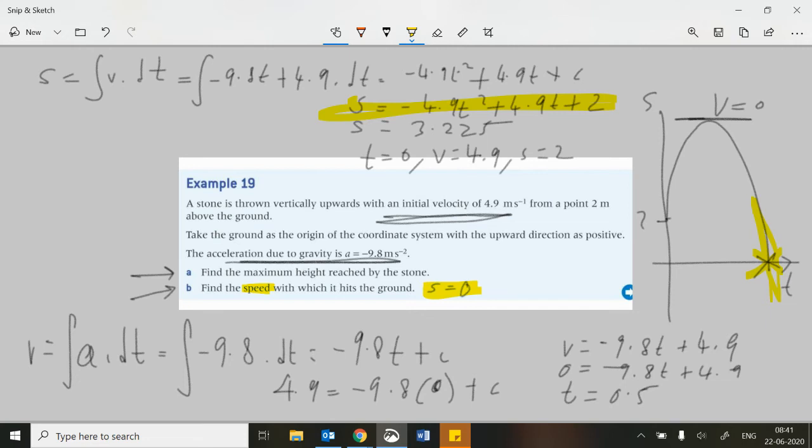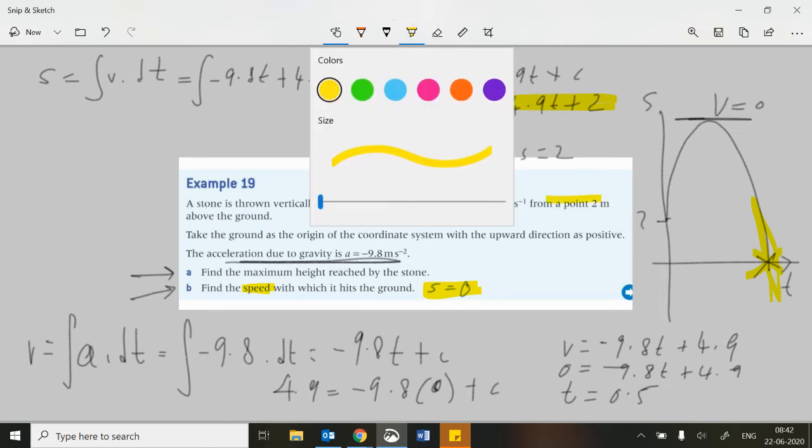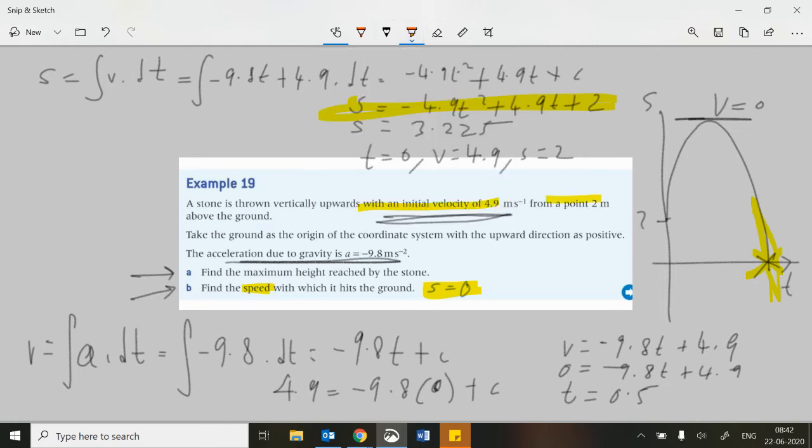There's a lot of information, but importantly, try and change the information at the start into maths, and that's going to help you work out the C's in each of these cases.